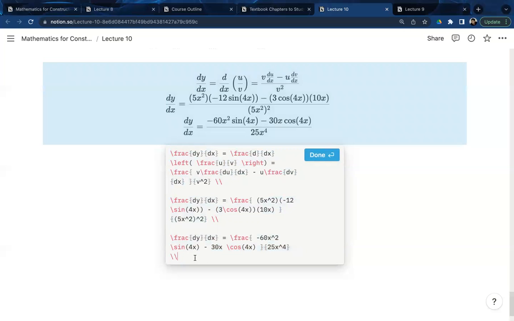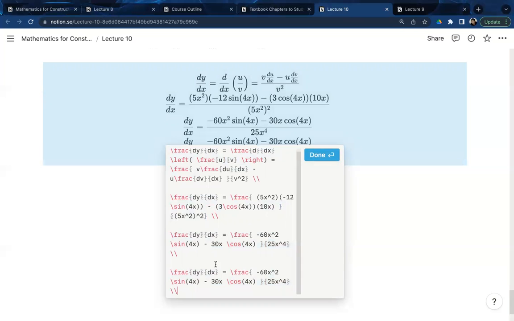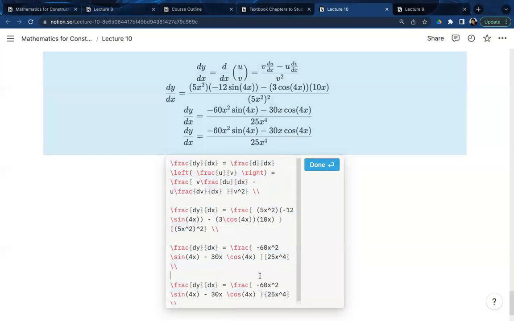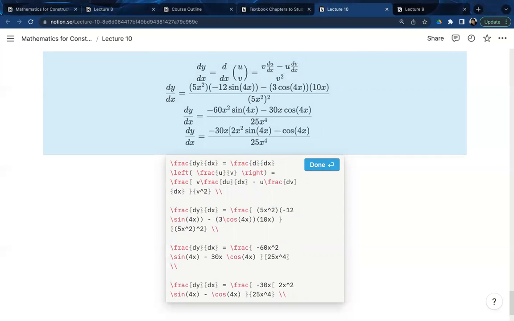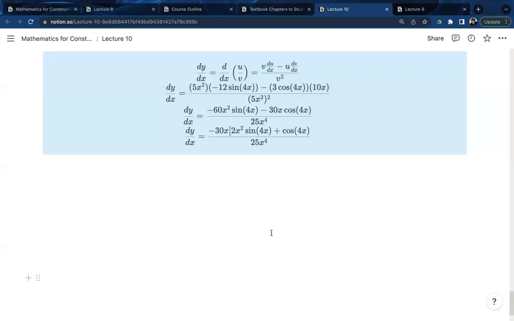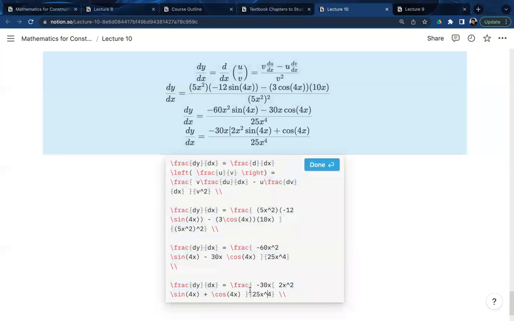Right? We could factorize some of these. Let's see. I could pull out a minus 30x. So I could write minus 30x square brackets 2, and put a closing square bracket here, yes.